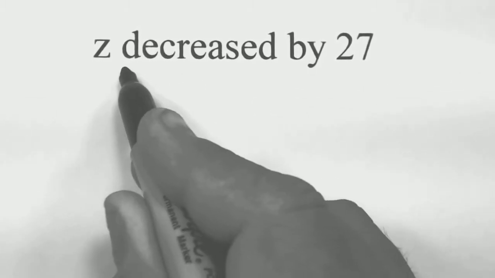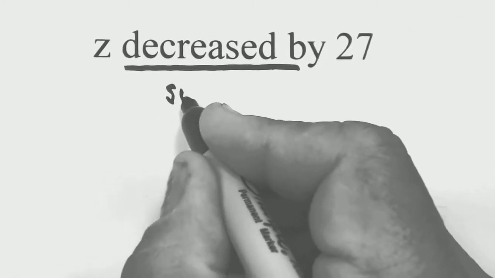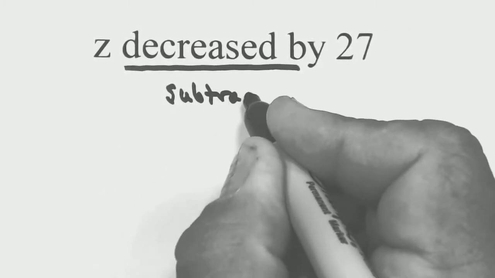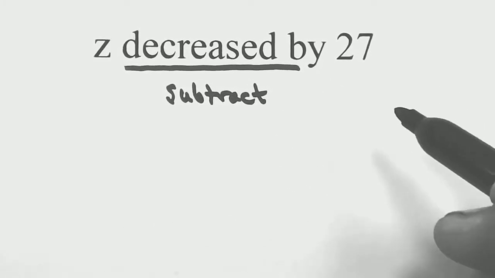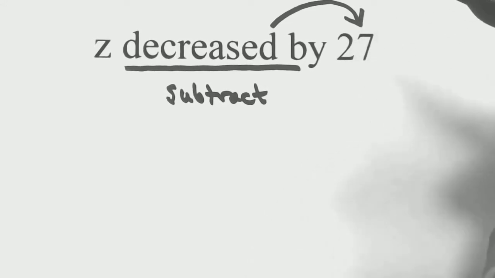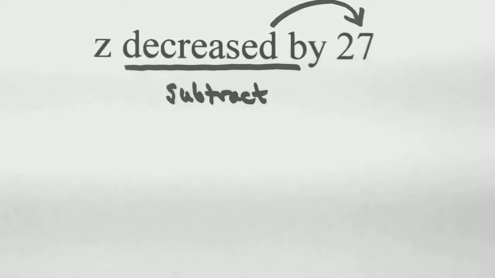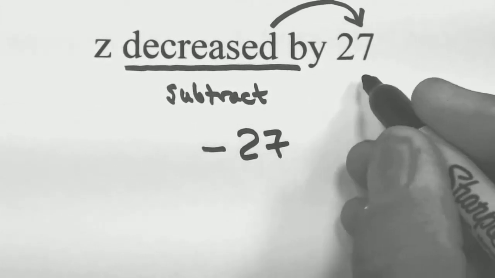Okay, next up, let's talk about some examples that indicate subtraction. Decrease by. How do you decrease something? Well, the only way you decrease something is you have to subtract something from it to make it smaller. Well, what are we subtracting? We're subtracting the 27. So whatever's being subtracted, namely the 27, has to go behind the minus sign.